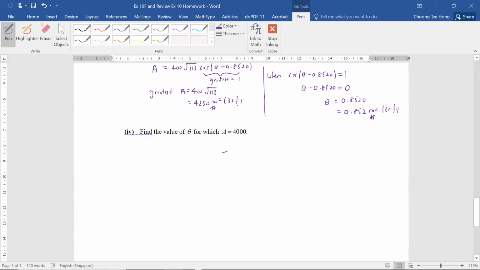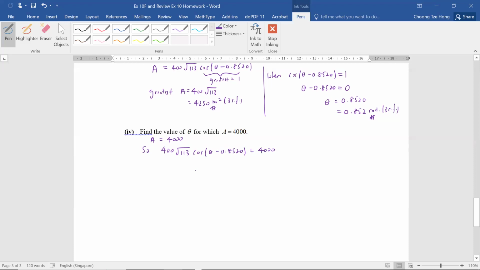Okay, last part, they want us to find a value of theta for which A is 4000. So we'll equate the equation of A to 4000. So A equals 4000, right? Okay, so the value of A is 400 square root 113 cosine of theta minus 0.8520, which is equal to 4000.